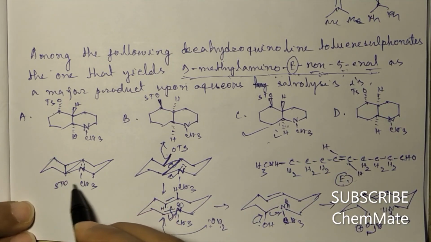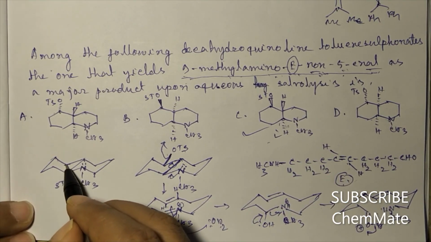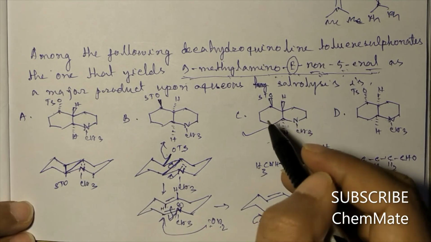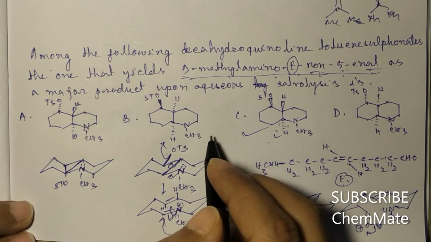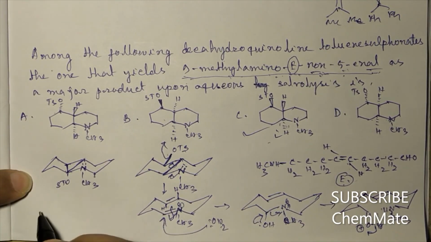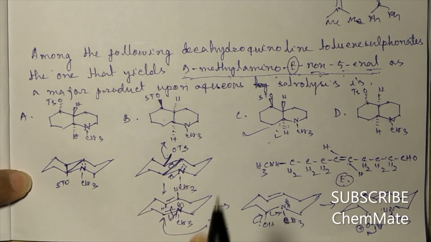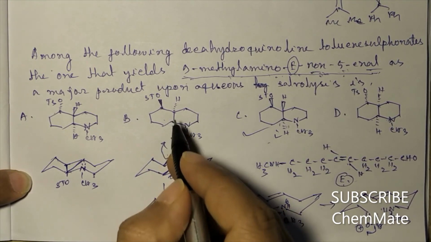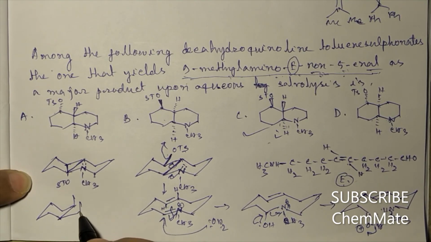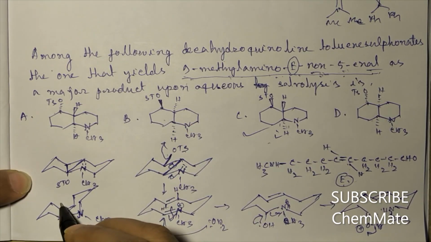From this compound the elimination will not take place, because here the two bonds are not anti-periplanar. If we draw this configuration, here NCH3, the OTs are above the plane.